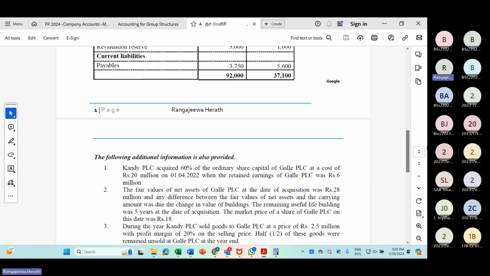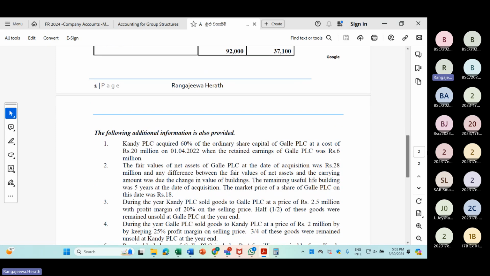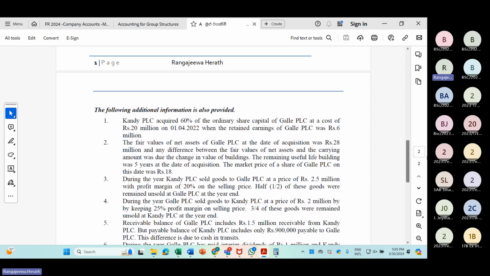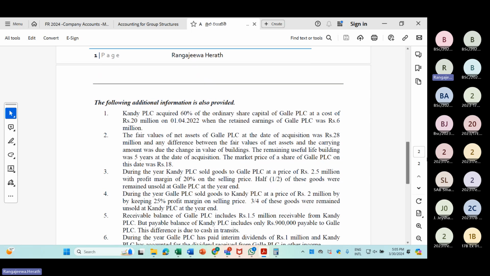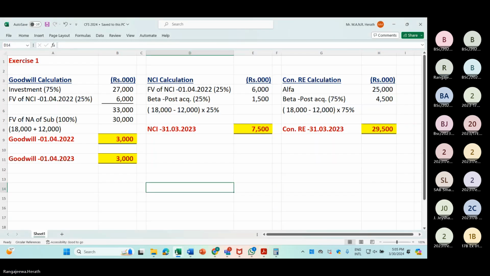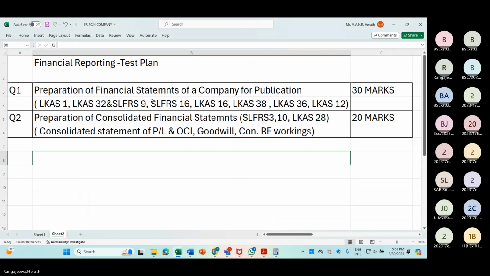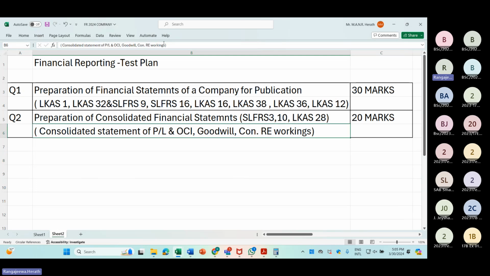and group reserves, consolidated revaluation, consolidated retained earning, and NCI actually, right? So I missed that, no? Here, consolidated statement of profit or loss, goodwill, consolidated retained earning working and NCI working.